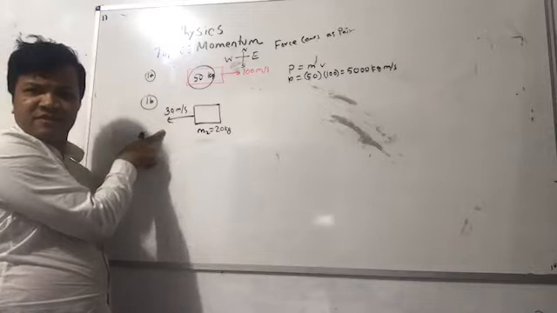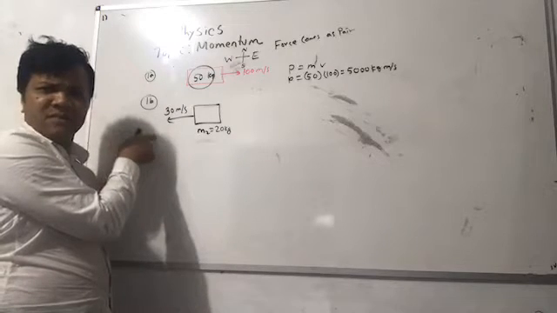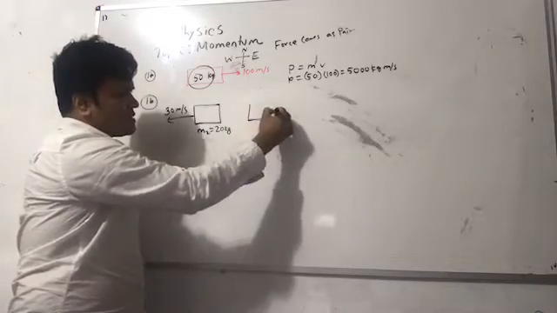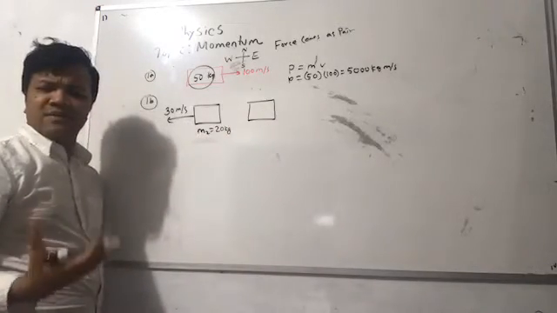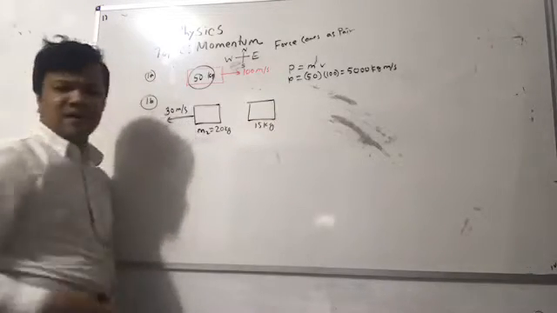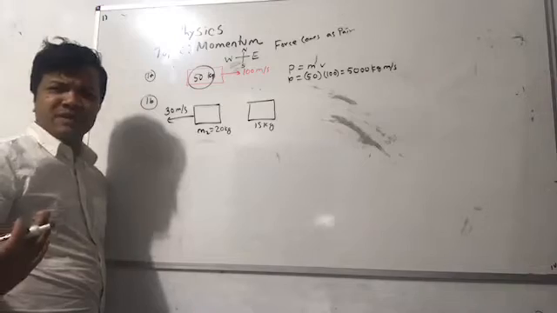And notice the direction. Direction is important because momentum is a vector quantity. Another piece is 15 kilograms, and it moves 20 meters per second to the east.